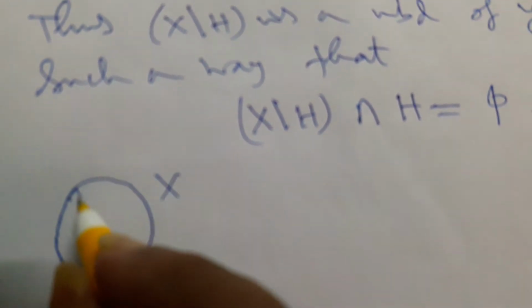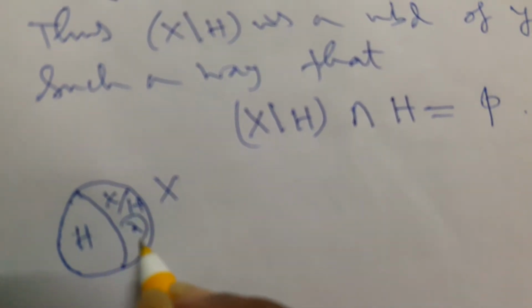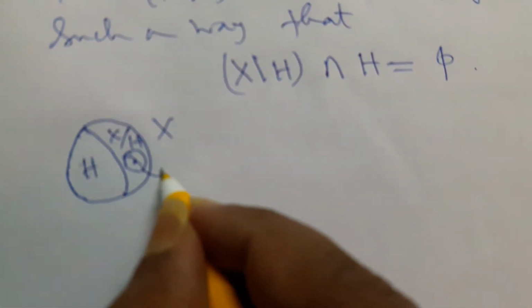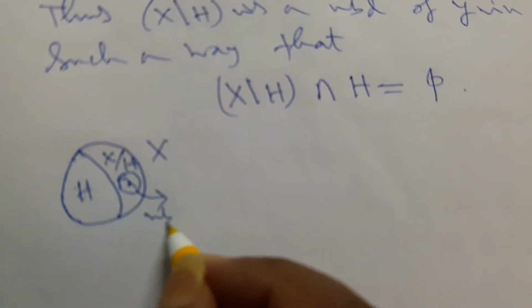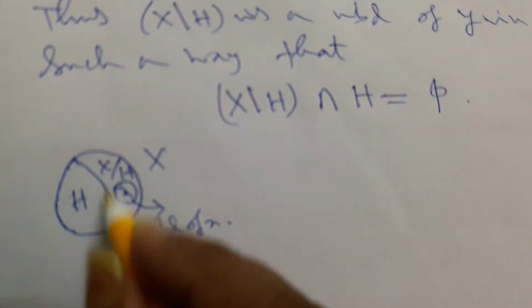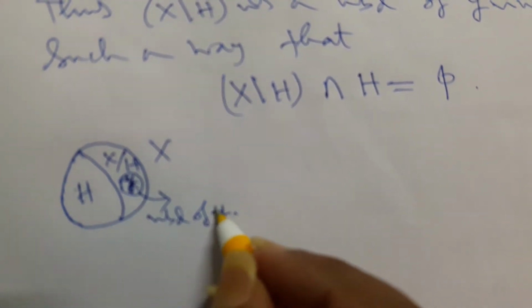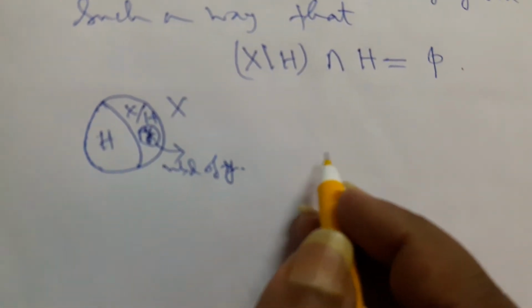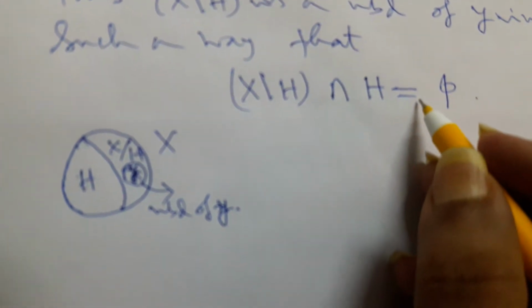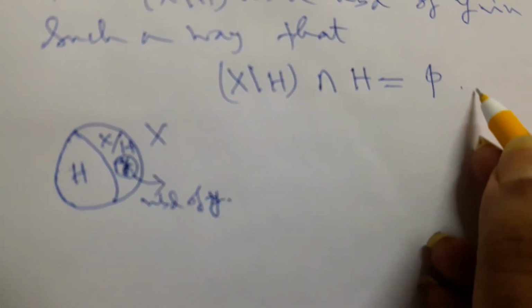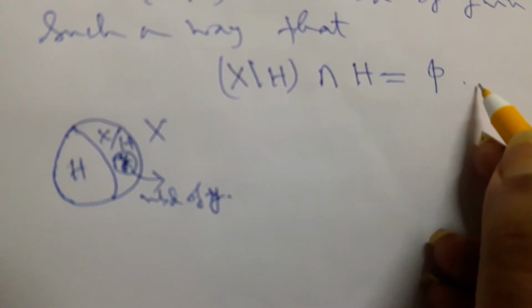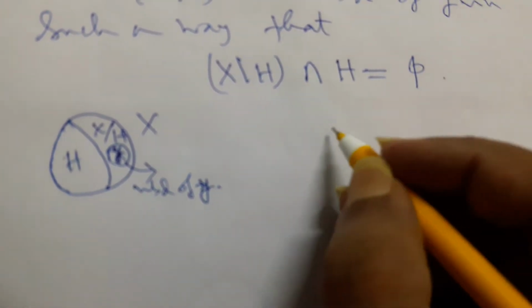That means if we draw another figure once more, this is X and this is H, and this is the X minus H region. If we take x to be the element, we get the neighborhood point. If we take a neighborhood of y, arbitrarily chosen, it is a neighborhood of y, and this intersection is phi, which contradicts our assumption.